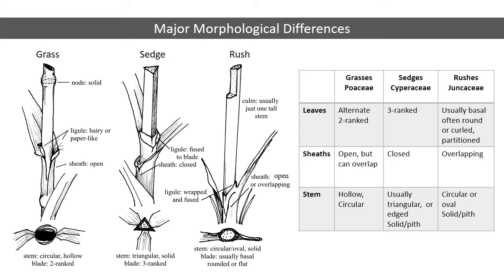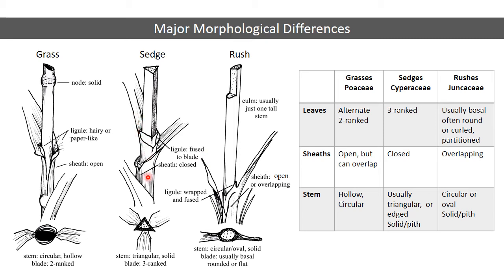Grasses are going to have an open sheath and usually have hairy or paper-like ligules. So this whole area where the blade attaches to the stem is going to be a lot more open and just larger. Whereas sedges and rushes are going to be much more fused to the stem and tighter to the blade itself.